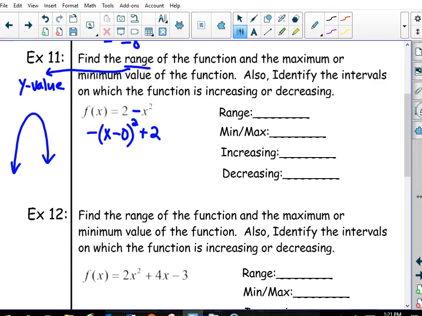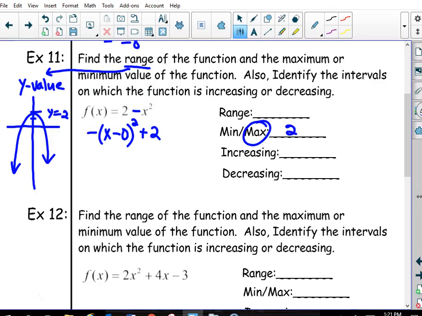So what we have is this parabola that's opening down, and the vertex is at y equals 2. Okay, so the range is dictated by the min or max. So our max is going to be 2. That's the most the y value will have, and that's our maximum.